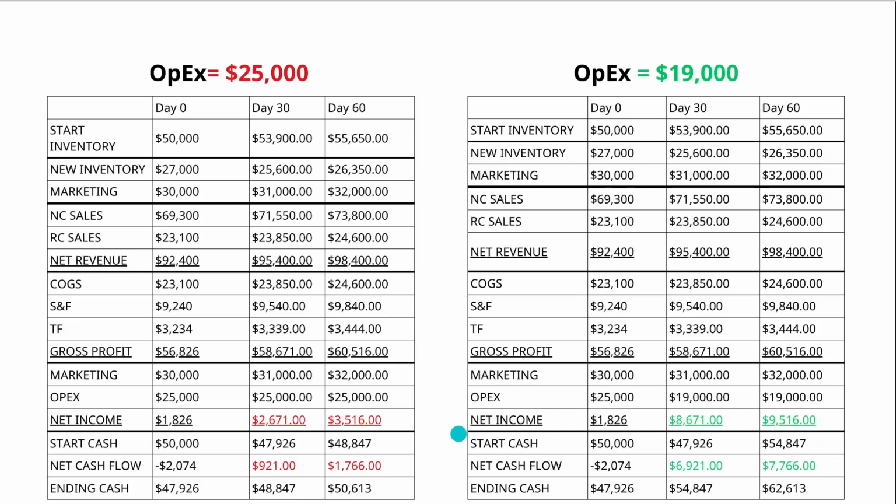And so you're now a 4x more profitable brand because that 6,000 has a one-to-one impact to net cash position. And so now your net cash position has improved by 12,000 over this time period due to the reduction in OpEx.